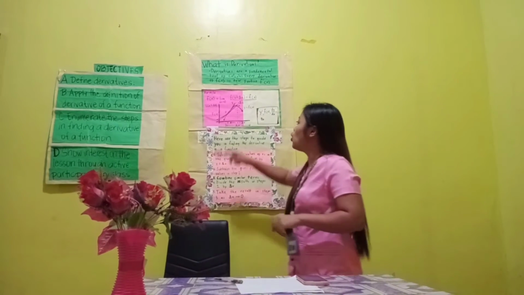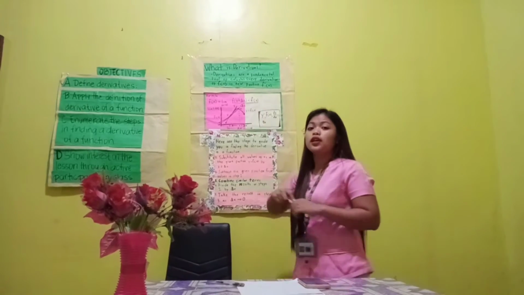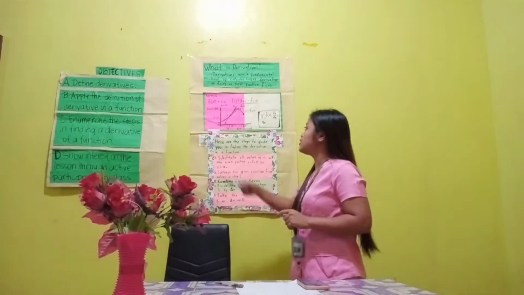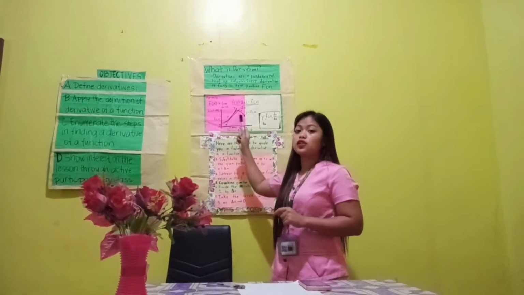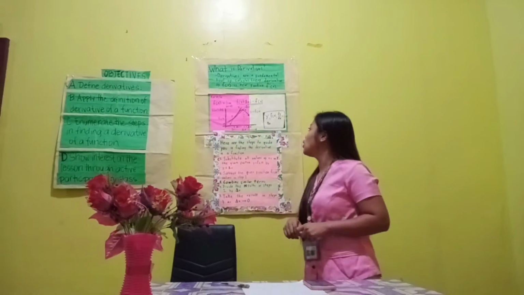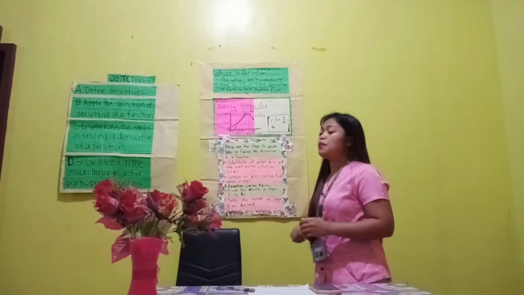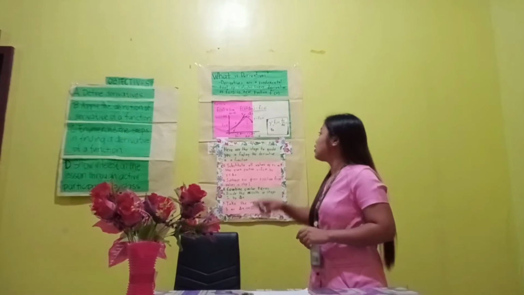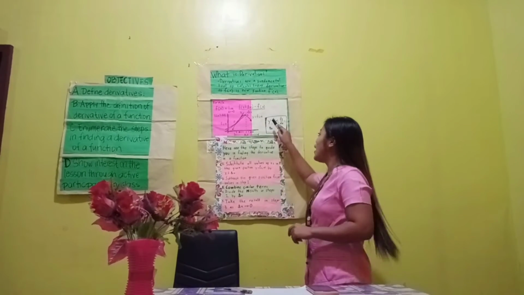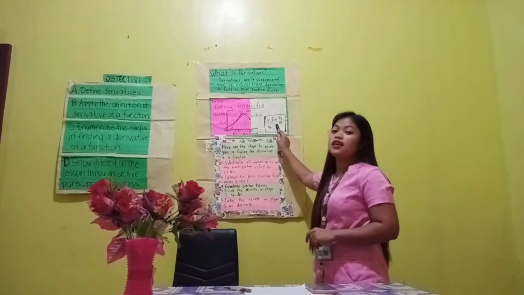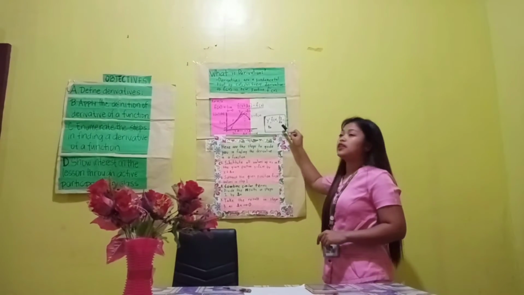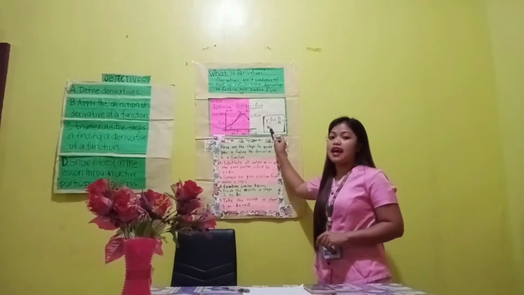These are the slope of the line if we are going to graph. This is the situation of graphing. So, there are many notations, like y prime, f prime of x, dy over dx, and d over dx.